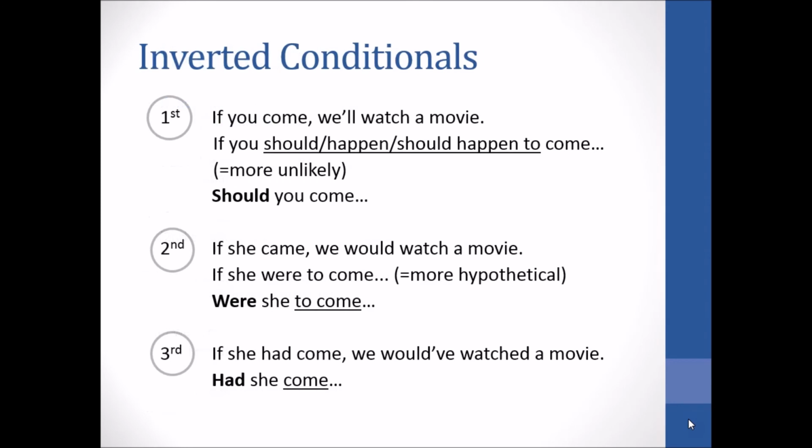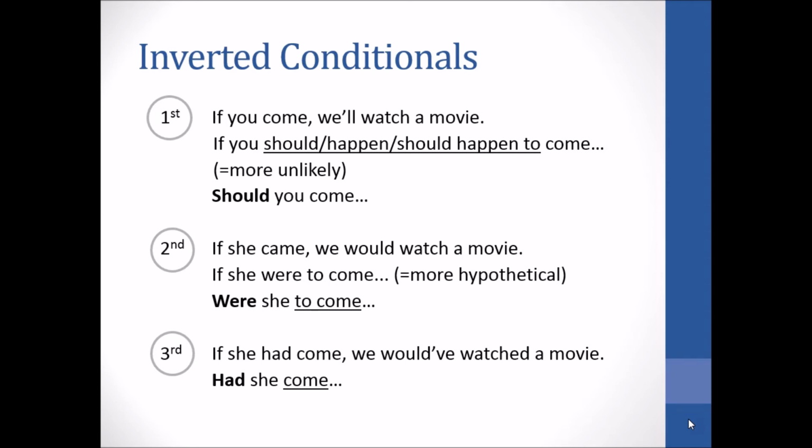Now, as to the inverted conditionals, in one of the sections, some of the students struggled with this. It basically means that you replace if in all of the examples that we got here, and you change it by something else. In the case of the first conditional, you replace the if by should.